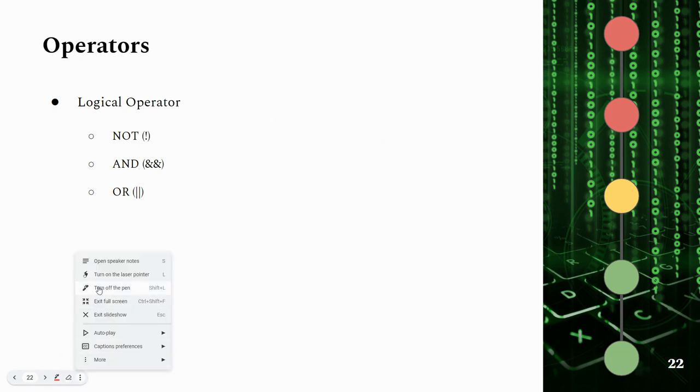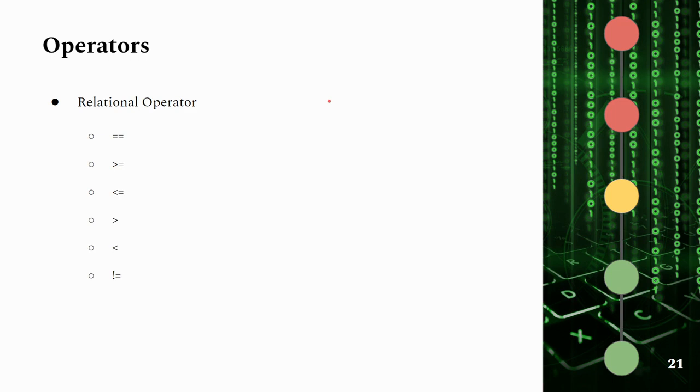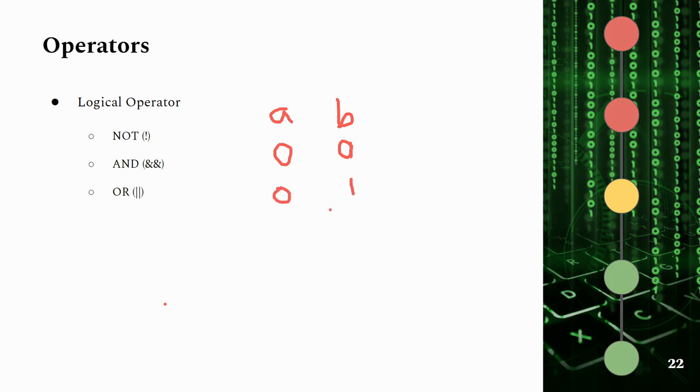Next comes the AND operator. In the AND operator, we need at least two variables, A and B. Let's say A is 0, B is 0; A is 0, B is 1; A is 1, B is 0; and A is 1 and B is 1.